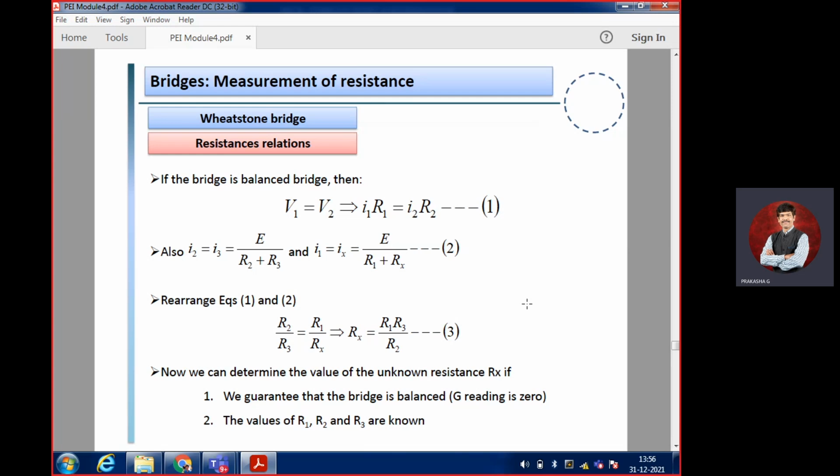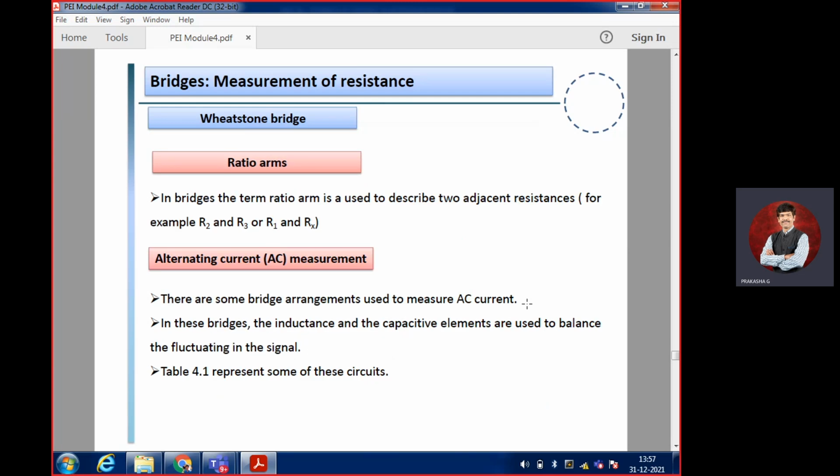I1 is given as E by R1 plus R2, and similarly I2 is E by R3 plus Rx. When you substitute these two in the first equation, you are able to find the value of Rx. Or directly we can substitute the resistance values and find it.